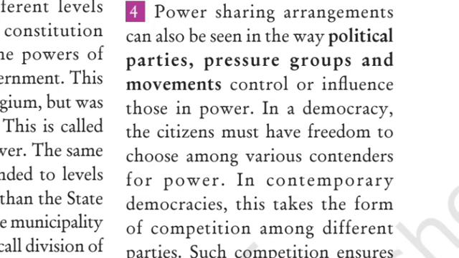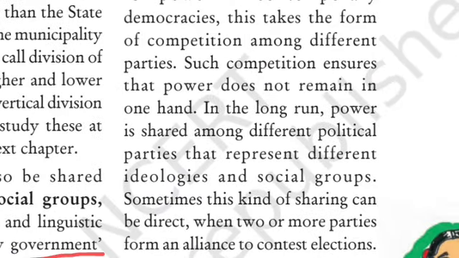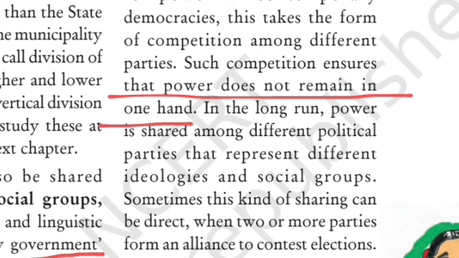They pressurize the government to take some policies, and also they oppose the government on certain points according to their view, right? In a democracy, the citizen must have freedom to choose among various contenders for power. In contemporary democracies, this takes the form of competition among different parties. Such competition ensures that power does not remain in one hand. In the long run, power is shared among different political parties that represent different ideologies and social groups.